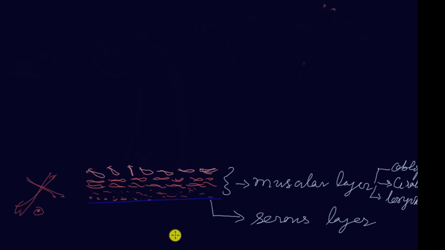Then the most inner part, that means the lumen. If you go to the lumen part, you'll find the basement membrane, and on the basement membrane there will be the simple columnar epithelium.